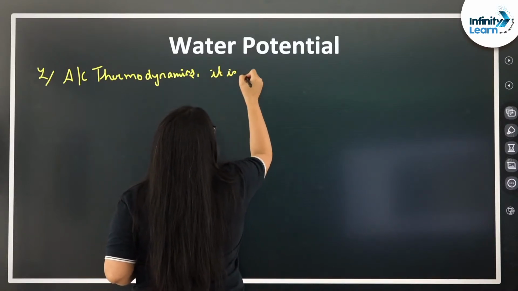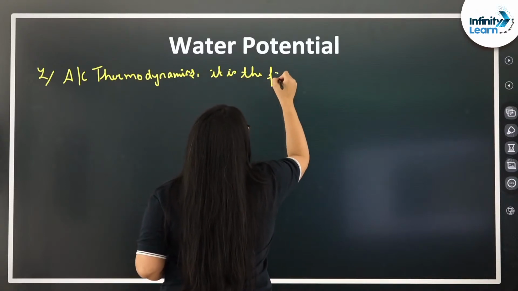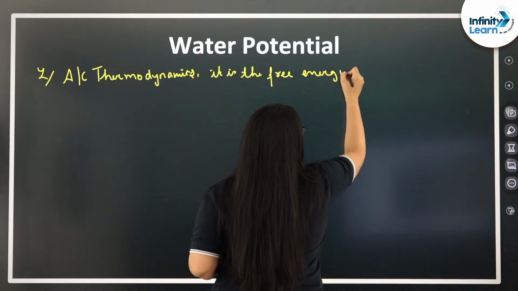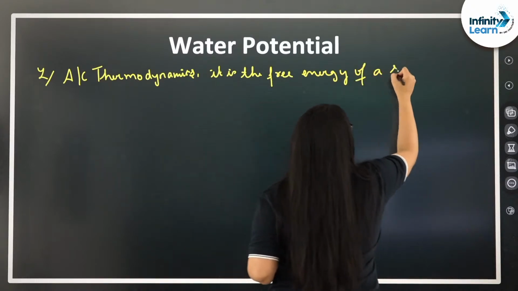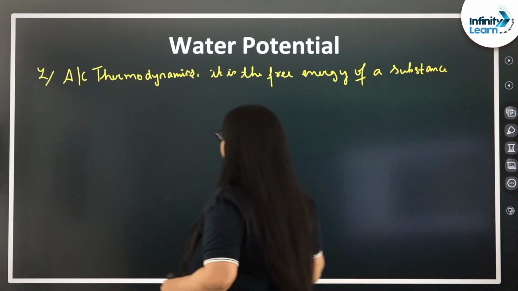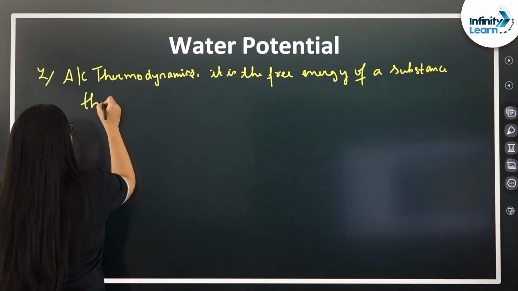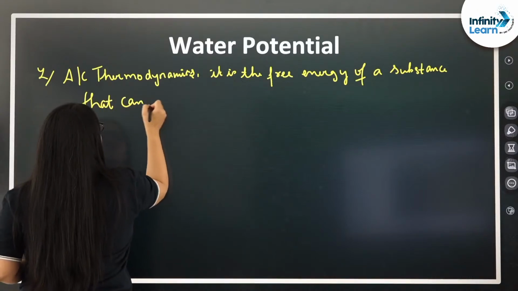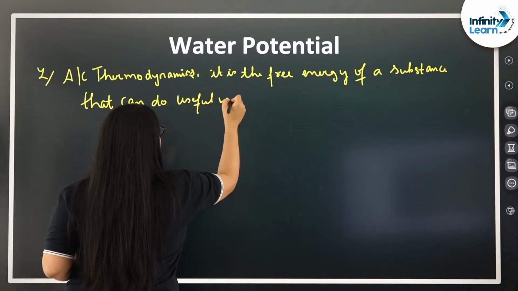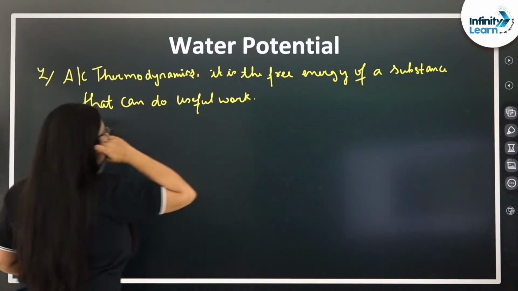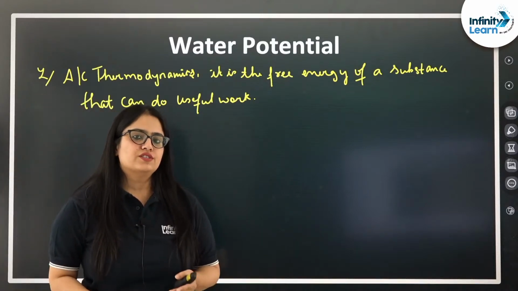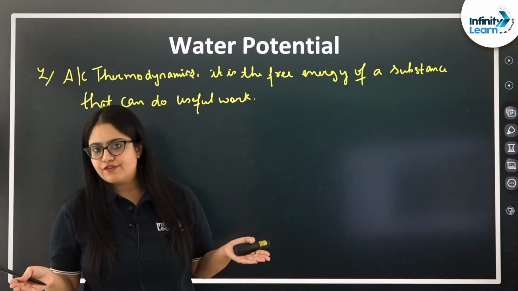it is the free energy of a substance that can do useful work, right? According to thermodynamics, my students, a substance has two types of energy, bound energy and free energy.